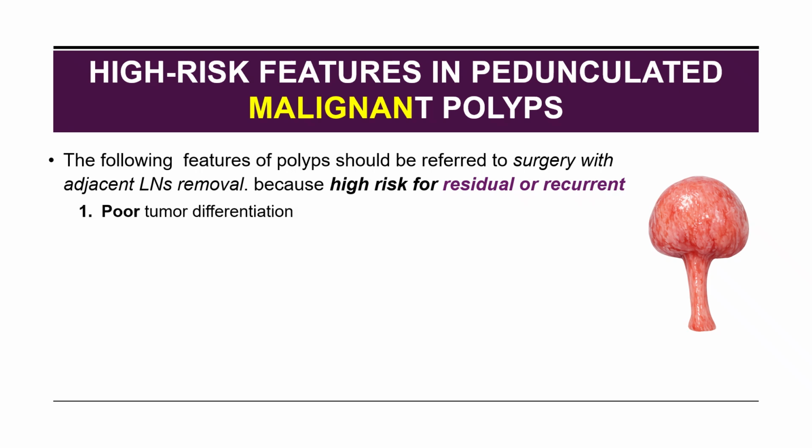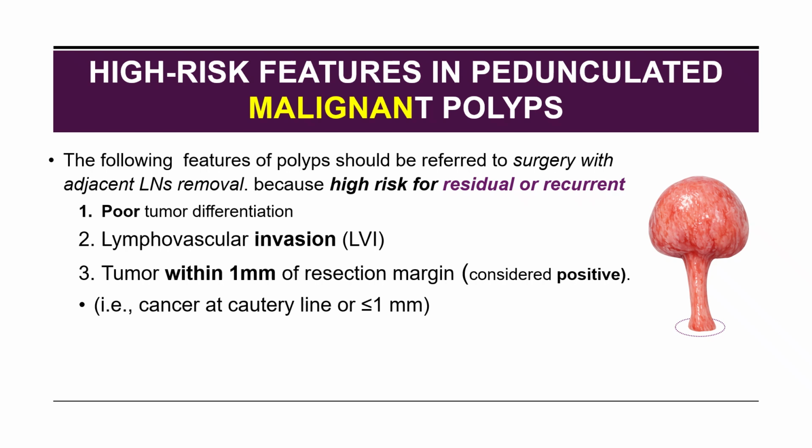If the pathology is saying that it's a poorly differentiated adenocarcinoma, if you found lymph node invasion or vascular invasion, if the line between the cautery line and the edge of the tumor is less than 1 millimeter, it's considered positive. It should be more than 1 millimeter, which is called the safety margin.